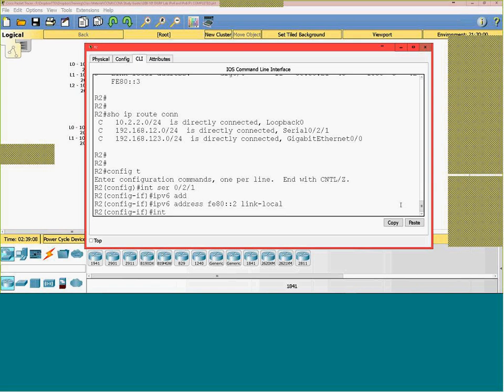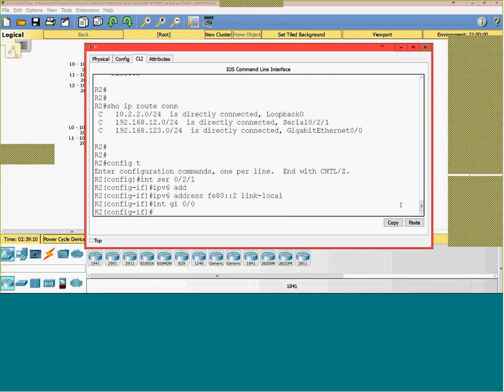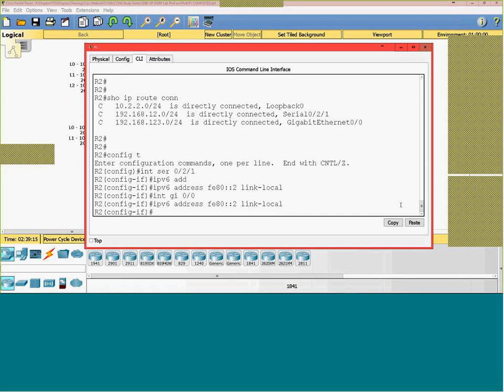And then I can go into interface Gi0/0, and I can say ipv6 address FE80::2 link-local. In fact, I can make every link local address on this router the same address.